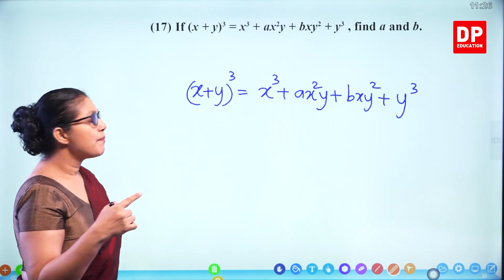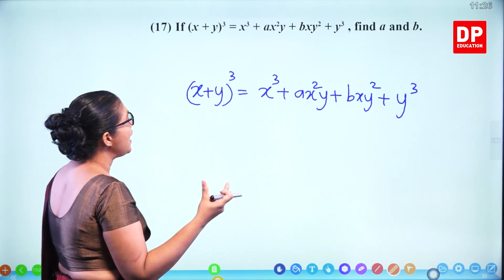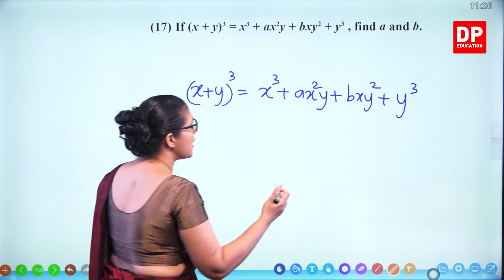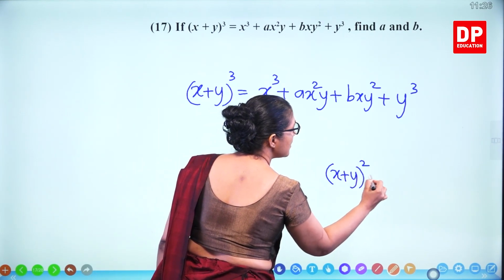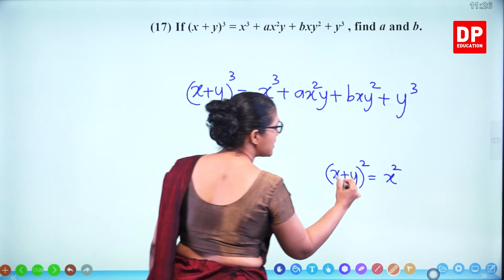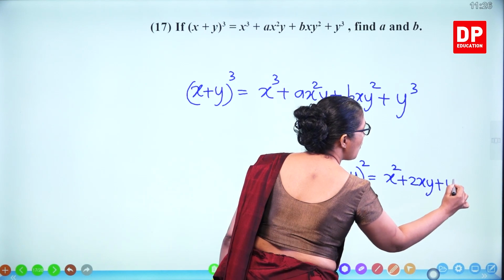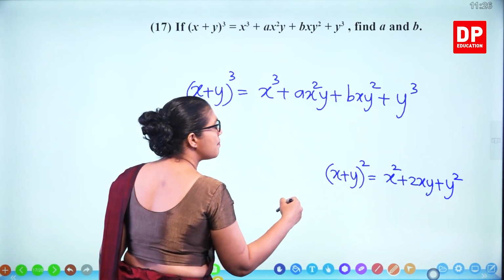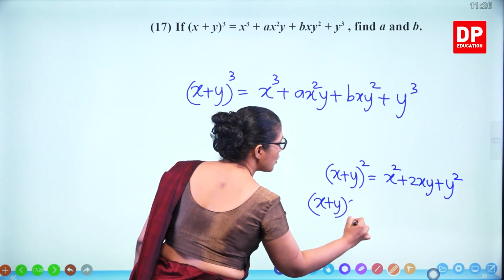So expanding brackets, x plus y 3 times. So we know x plus y 2 times, that's the square term of this, double of the 2 middle numbers, and y squared. When you multiply this by x plus y again, what do you get?